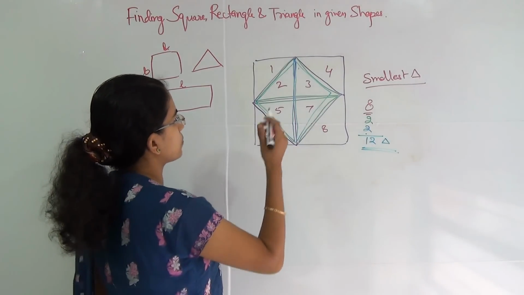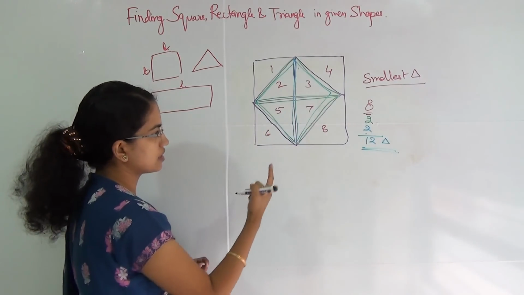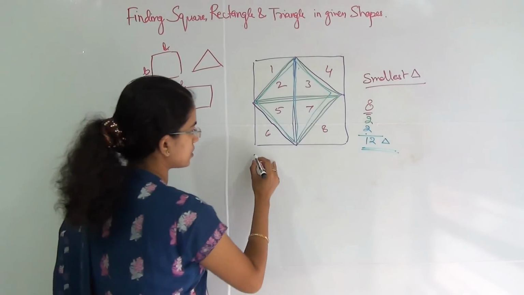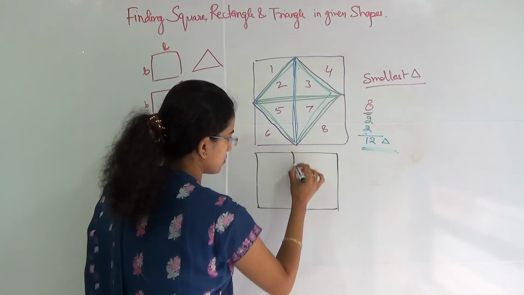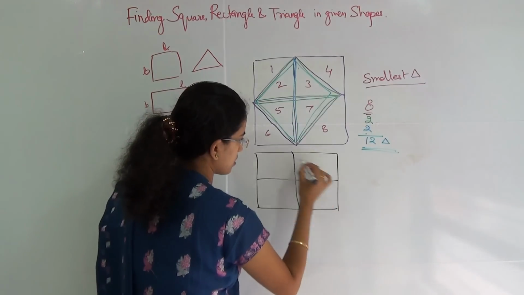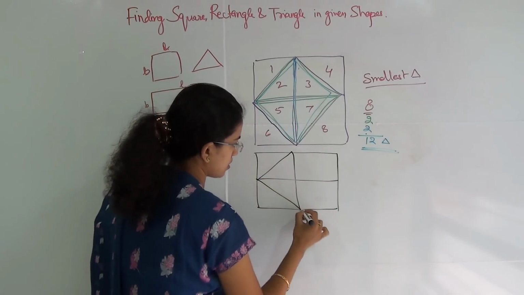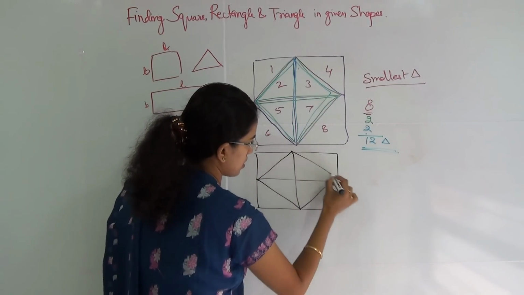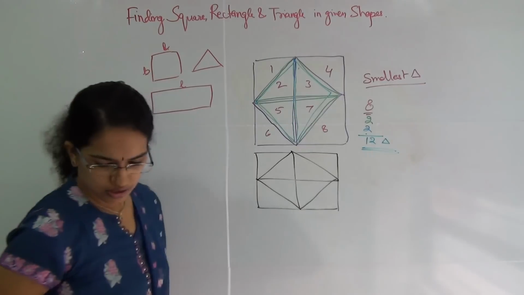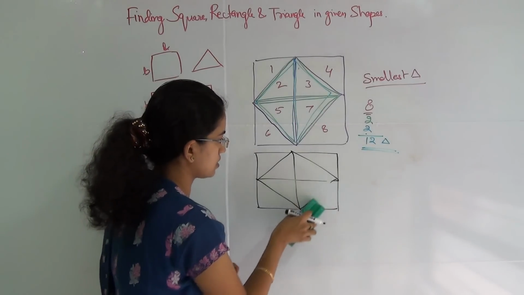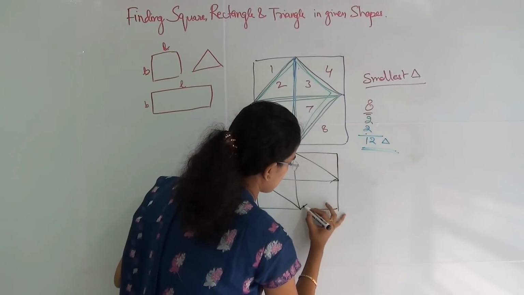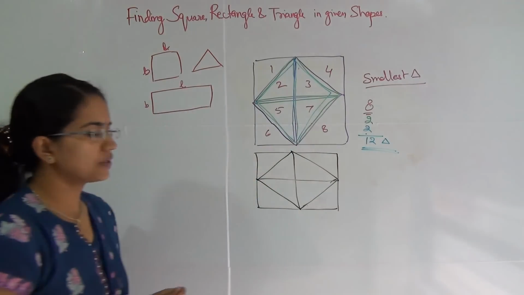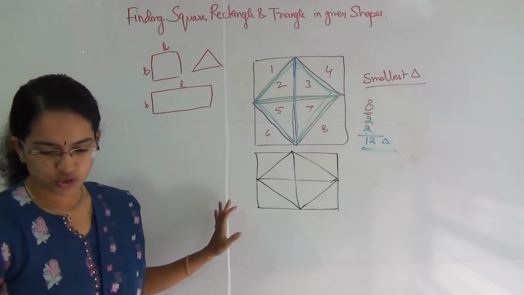So let me start with finding the number of squares. So I am redrawing this diagram just for convenience. Okay. So this is the same diagram again, and in this diagram I have to find out the number of squares.